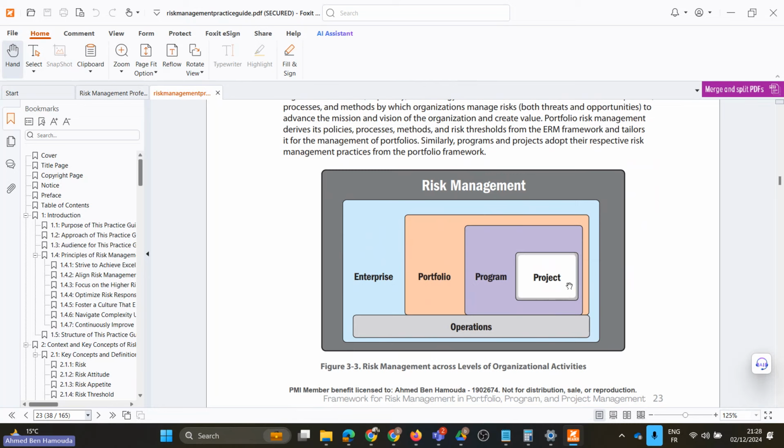Now, it's not quite the same as in the PMP course and certification, which focuses on the project, with just a few questions in the PMP exam about program, operations or portfolio. But here in risk management, it mainly focuses on the project level, but you also need to understand how to define risks on a portfolio level, break them down onto programs and projects, and how to handle the dependency and relationship between them.